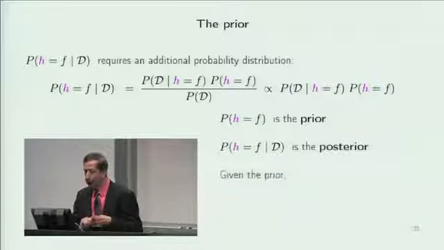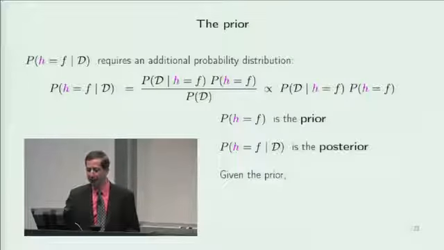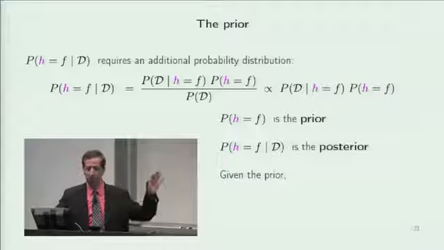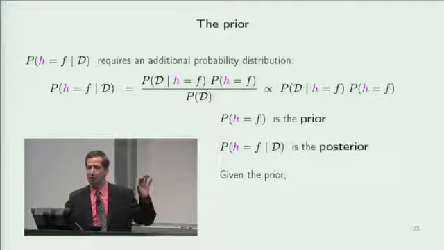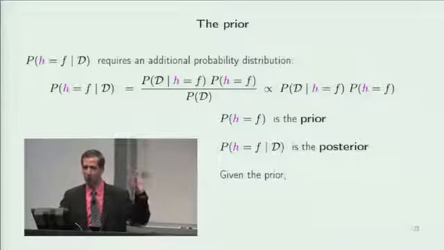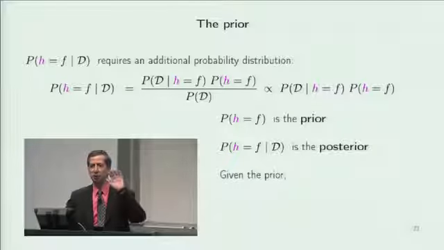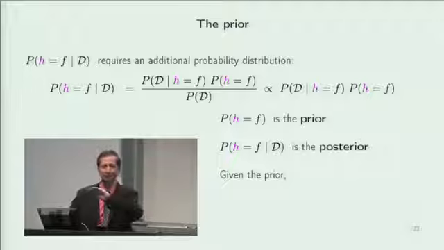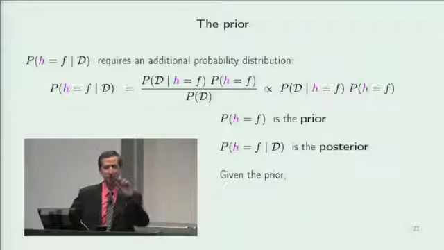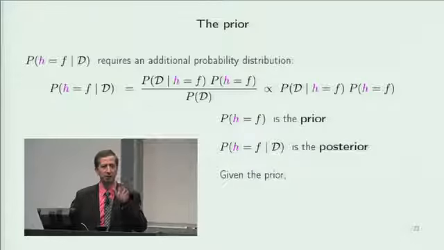Now, if you are given the prior, let's say that I actually give you a problem. I don't know the target function, but I know quite a bit about it in terms of probabilities. And here is the way I'm going to formalize that. I'm going to give you a full probability distribution over the entire hypothesis set that tells you the relative probability of different hypotheses being the correct target function. That's my prior.